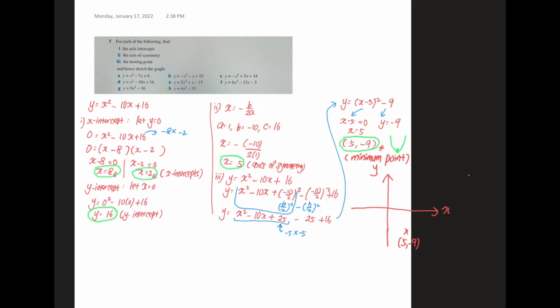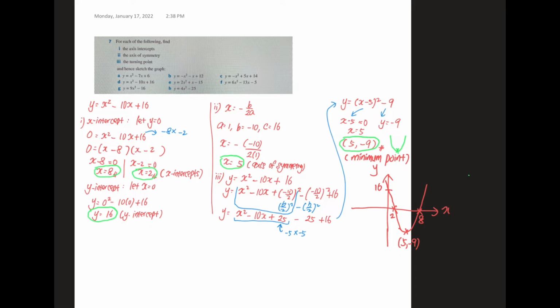So I have to make my graph turn in this way so that it cuts at 2 and 8. As you can see, the x-intercepts 2 and 8 are the same as these two. And then the y-intercept is 16. You have to label it here, 16.